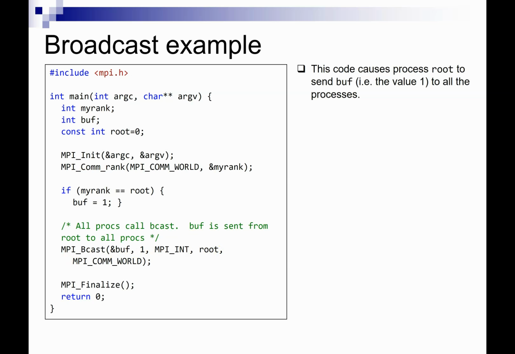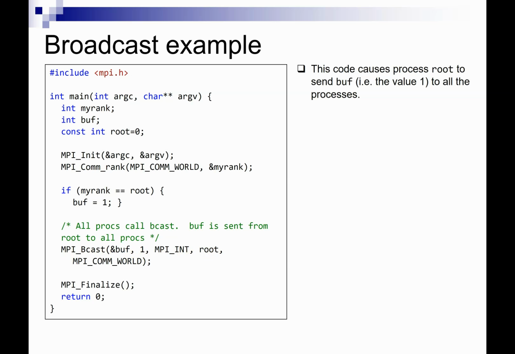So all of the other processes are also going to execute this line, MPI broadcast, with the root being 0. Now that might look kind of weird, because for broadcast there's this asymmetry between the processes. You have one process which is sending the messages to the other processes, and everybody else should be receiving. However, when you run this in the SPMD model, it seems like everybody is broadcasting, because everybody runs this command over here.